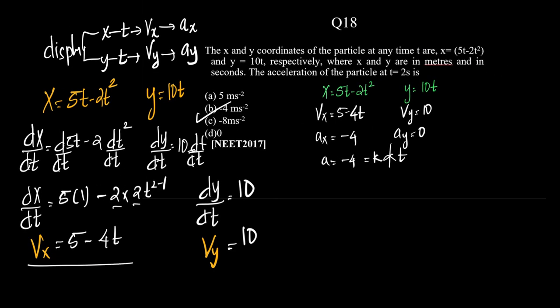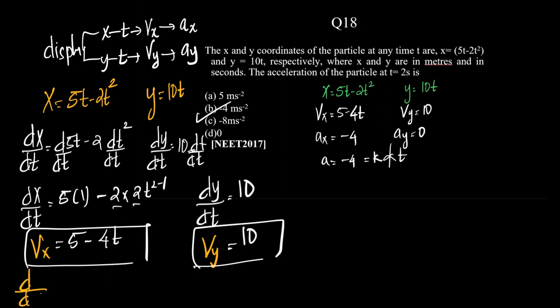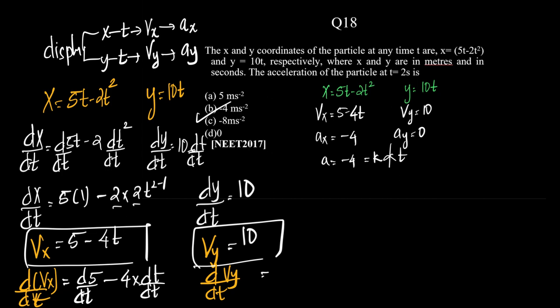Now vx is 5 minus 4t and vy is 10. If we differentiate further, what do we get? d by dt of vx and d by dt of vy. So d by dt of vx would be d by dt of 5 minus 4 into d by dt of t, and here it would be d by dt of 10.